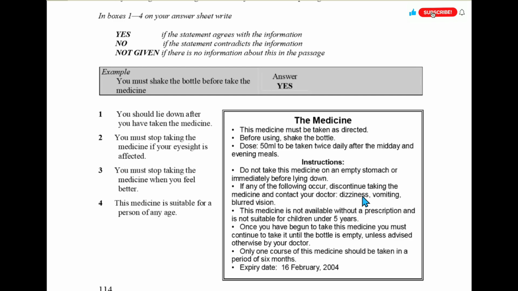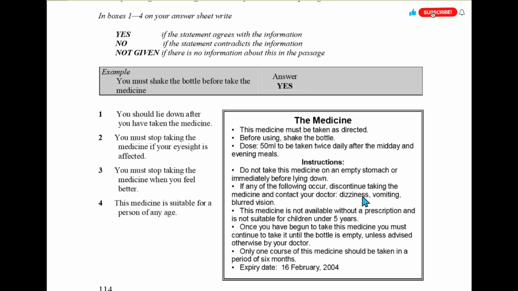And then vomiting, puking, like you have eaten something or maybe after taking the medicine, you want to puke, that's vomiting. And blurred vision. Vision is for eyesight only, like perceiving vision, and blurred means you are not able to see anything clear. That's like how we feel when somebody is wearing glasses and they take the glasses off.